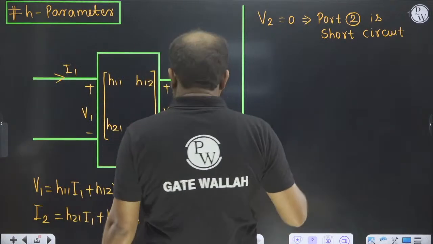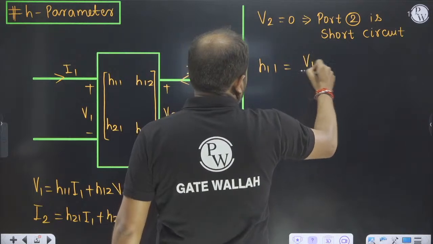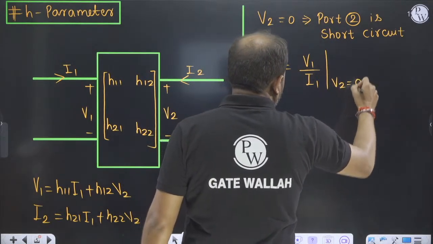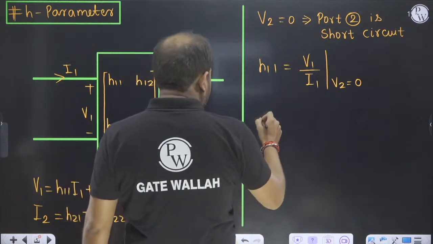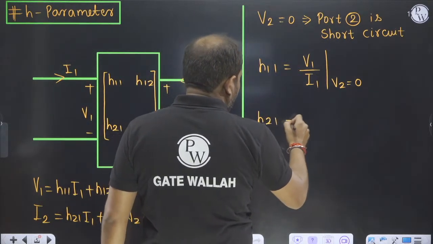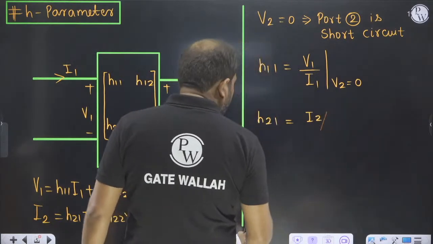So H11 is equal to V1 by I1 with V2 equal to 0, and H21 is equal to I2 by I1 with V2 equal to 0.